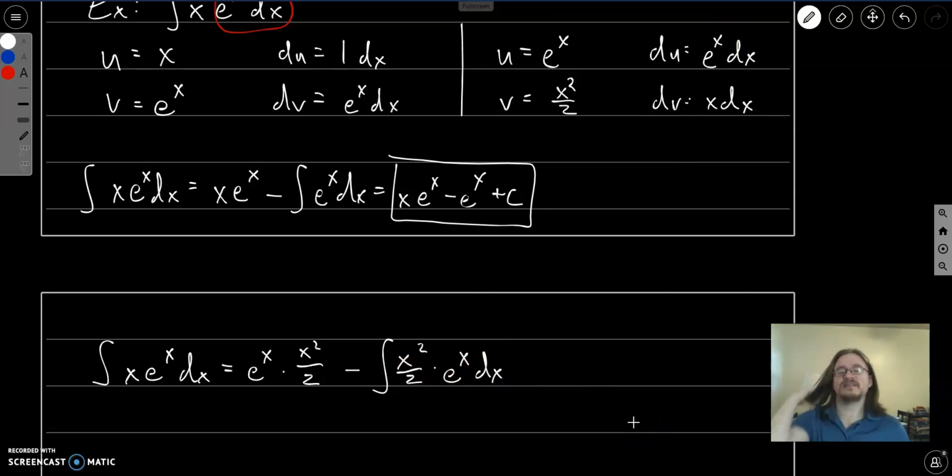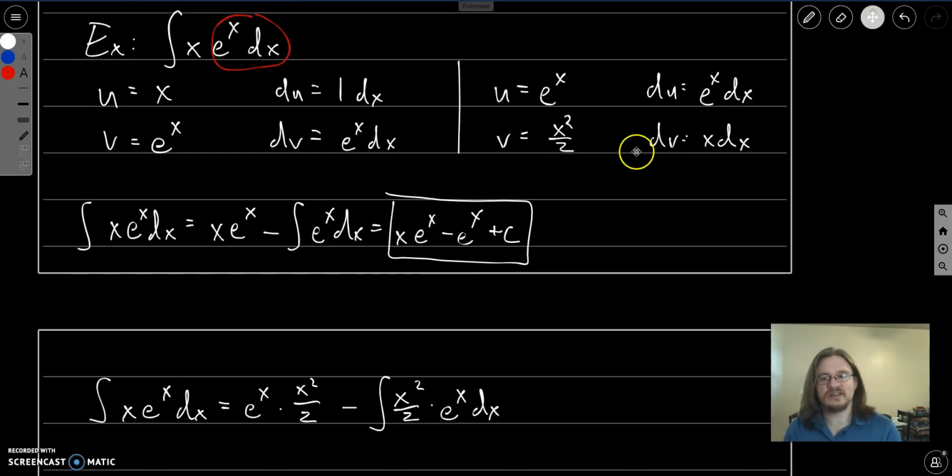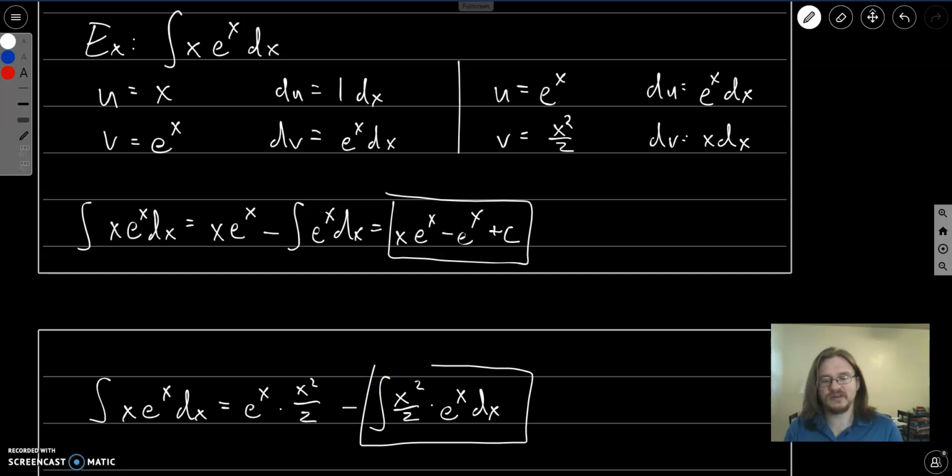But here, we just made this integral even harder, right? Because our original integral is x times e to the x dx. And now we've got an x squared times e to the x. This integral did not get simpler, which means that we probably didn't choose the right u and v.